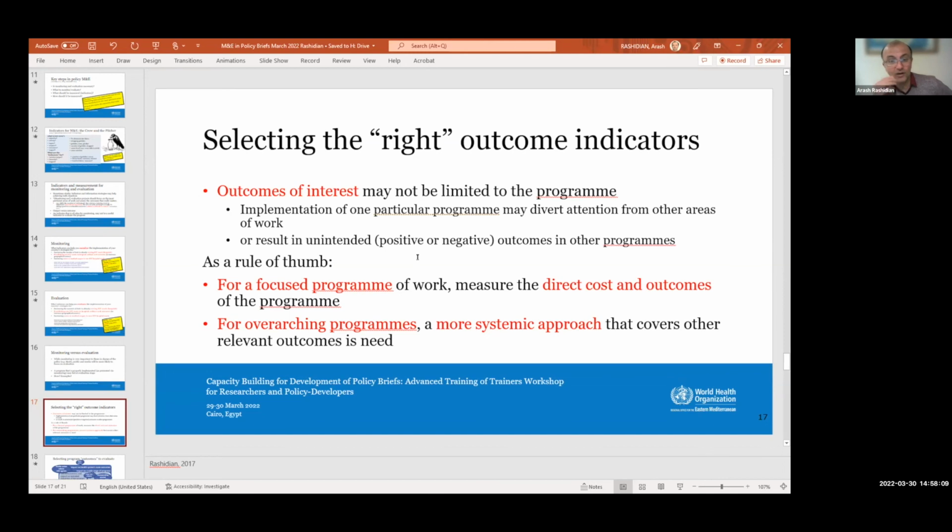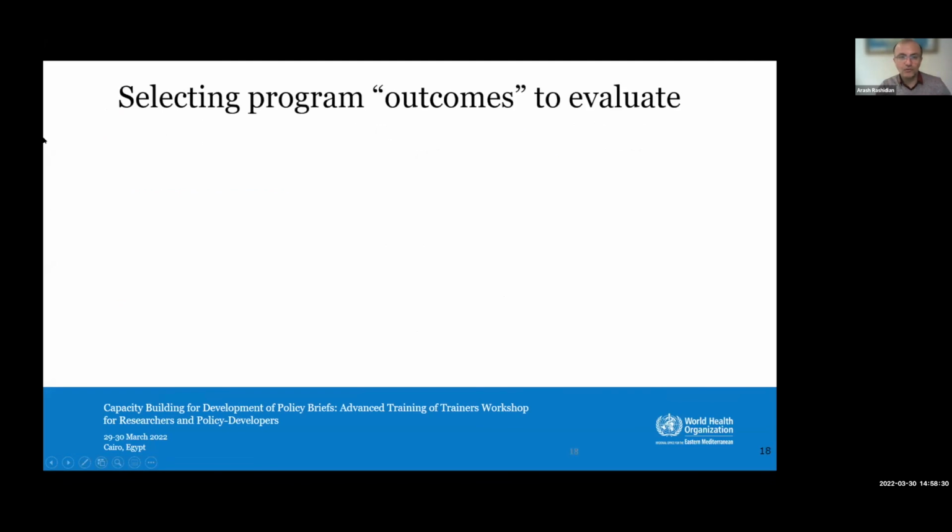If your program has overarching elements, think of the example that we heard earlier about the family medicine program. That's a systematic program. It might affect all elements of the health system. So for that, you need a more overarching approach.